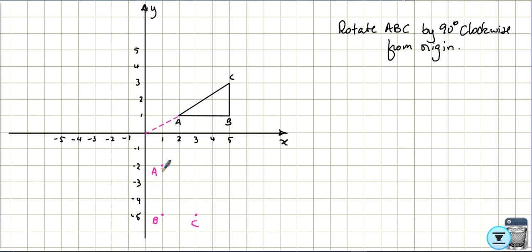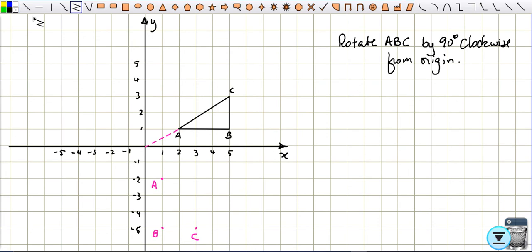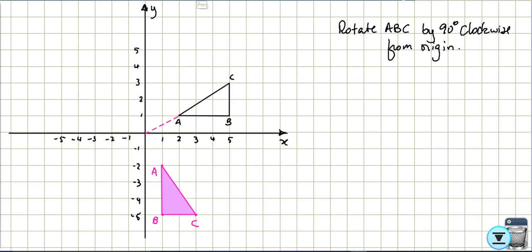Let's draw the triangle. So A, B, and C. Alright? So let's notice what has happened, because this is very important. We had our original shape ABC, which had coordinates 2, 1; 5, 1; and 5, 3.